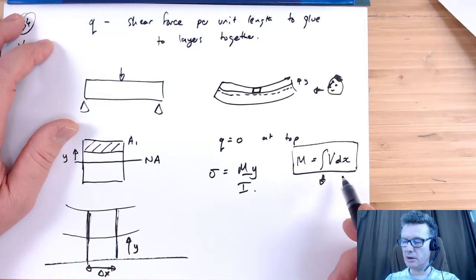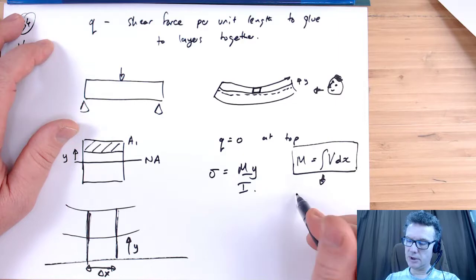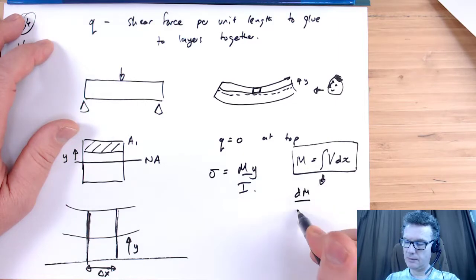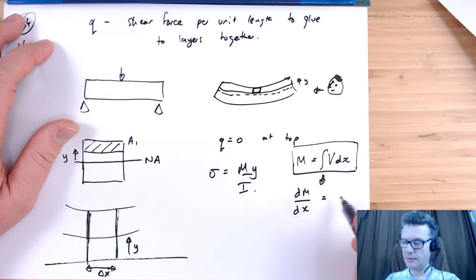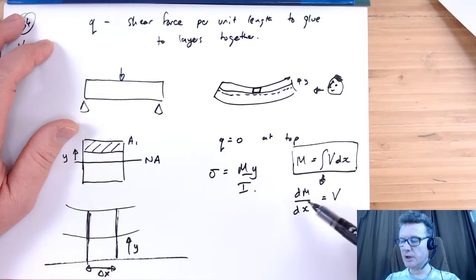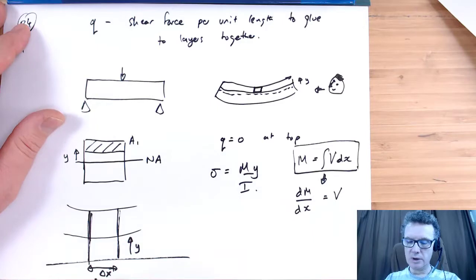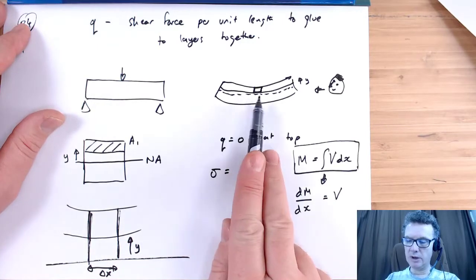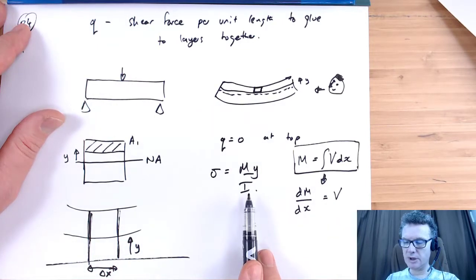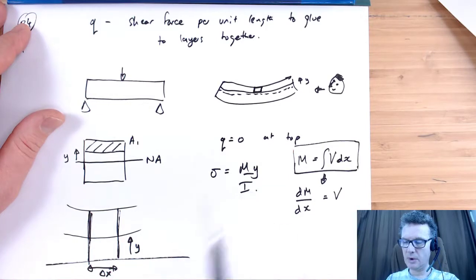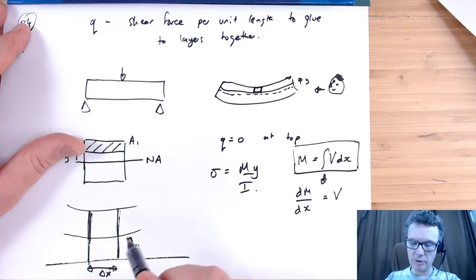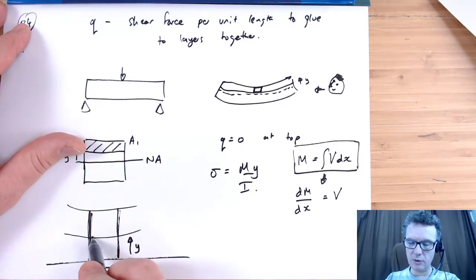So here I can now differentiate that. So I can say that delta M over delta x is the V term. So when I move from here to here, it's pretty much going to stay the same. And I am looking for the force.